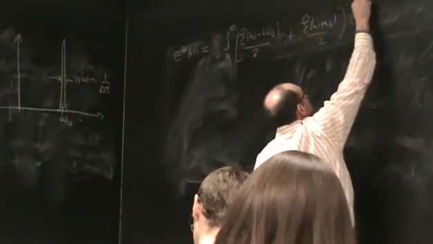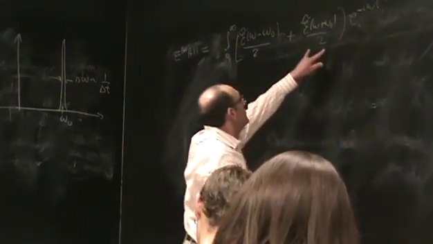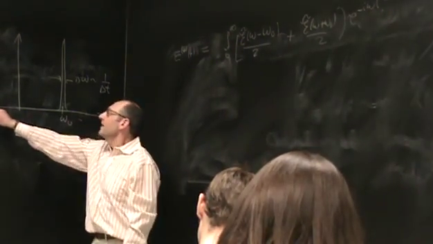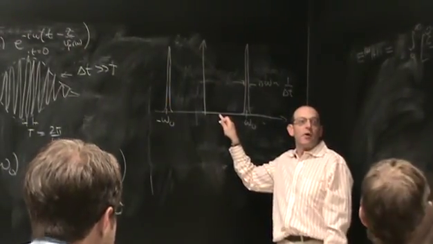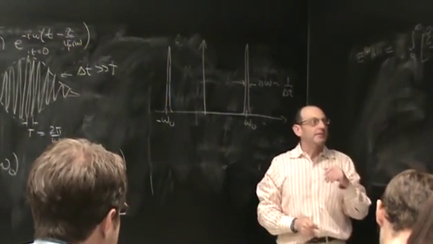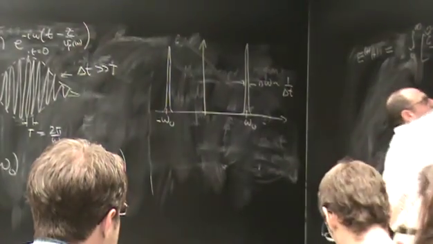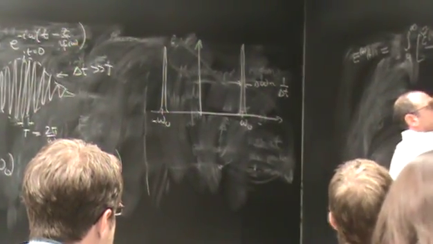Plugging in. However, this function has negligible coverage in the positive part of the axis. So this is negligible if it's quasi-monochromatic.